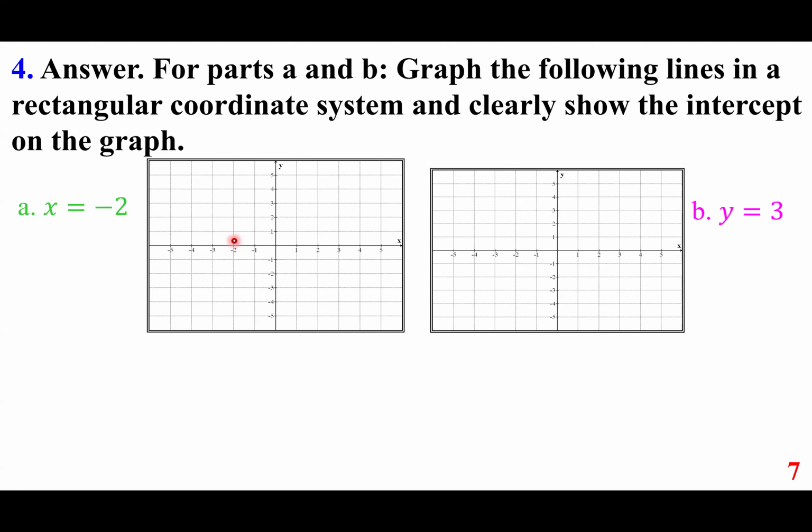At this point, we have the x-intercept, and it's a vertical line. Horizontal line. So this was -2, 0. This is 0, 3, somewhere here. That's your y-intercept. It's a horizontal line.